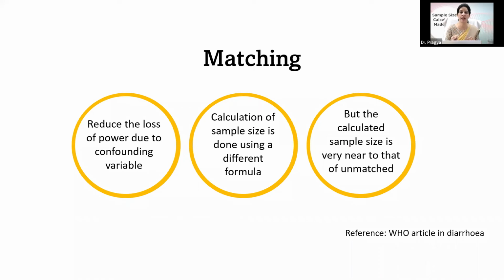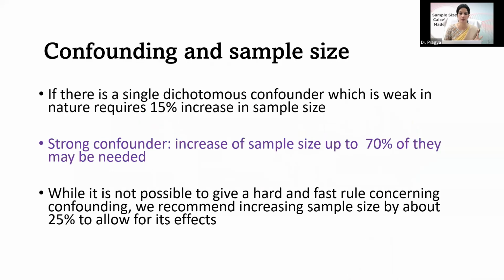Most of the time the phi or Cramer's V correlation coefficient, which is needed for calculating the sample size for a matched case control study, is not available. So it is better that you use the formula we have shown you, which is for unmatched case control. You can use a similar concept for a matched case control study also.